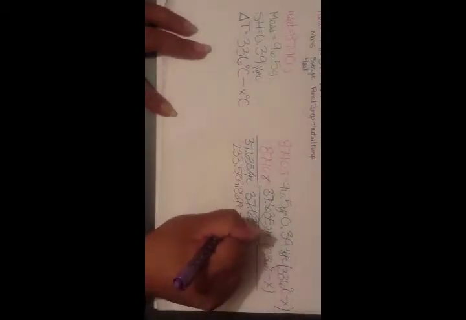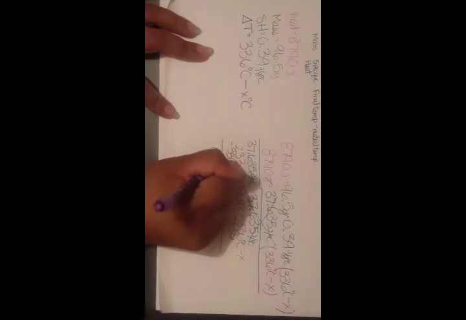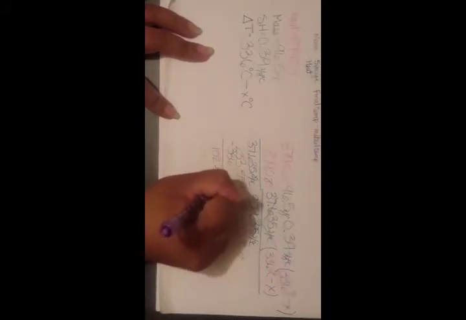We don't need our significant figures till the end of our problem. So now we're going to subtract the 336 on both sides. And now we have 102.44083131 degrees Celsius, and that's going to be a negative number, and then that is equal to negative x.